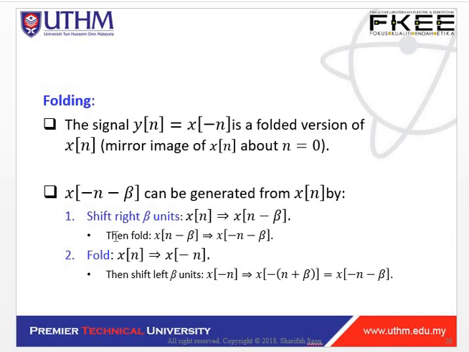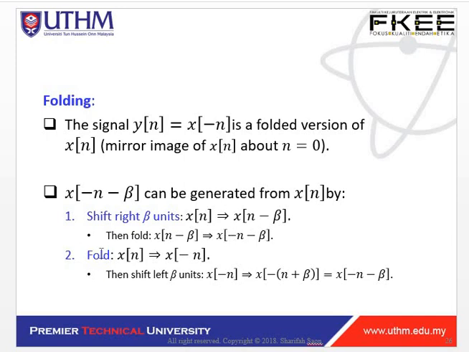Then fold. Fold is this negative. So you fold the n minus beta, and what you will get is x[negative n negative beta].